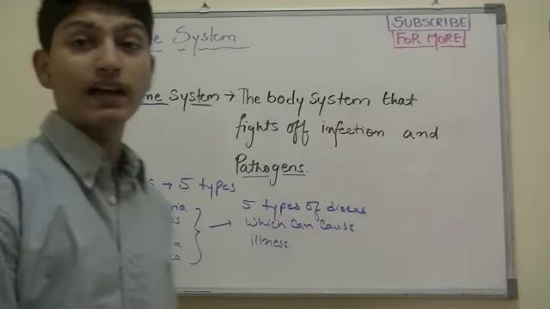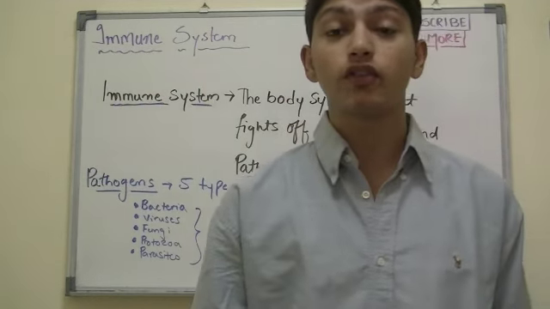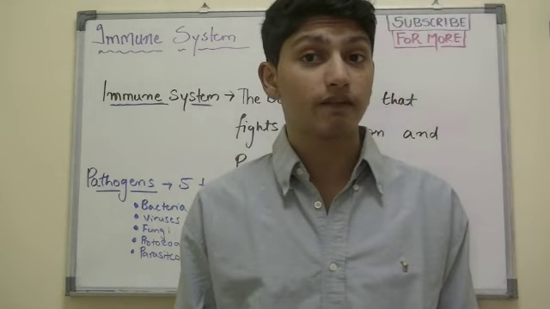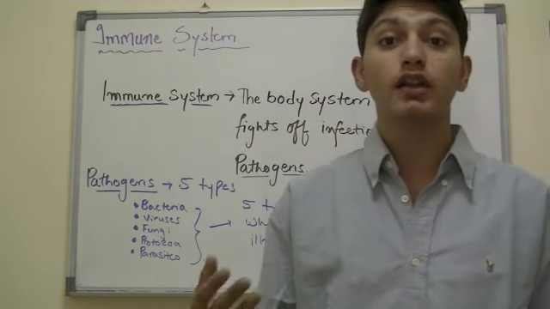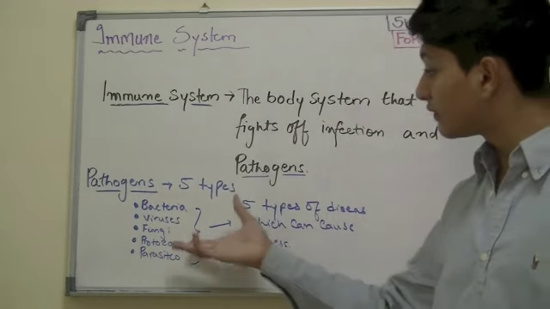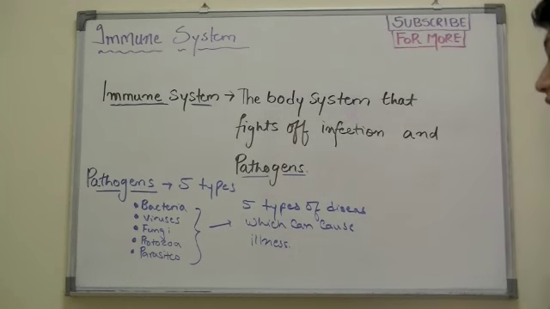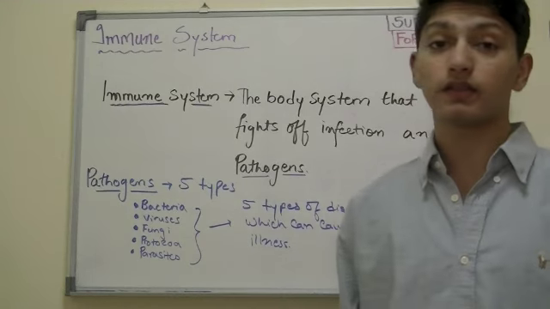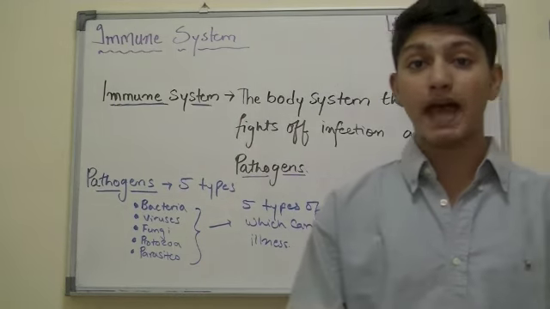All these 5 different types of diseases can make you ill, giving you either an infectious or a non-infectious disease. It depends upon the disease that you have gotten. These 5 types of diseases are categorized into one category known as pathogens.